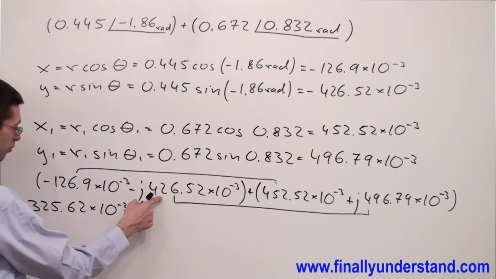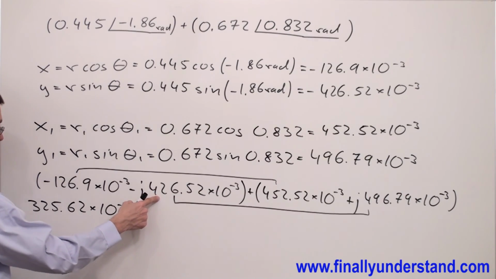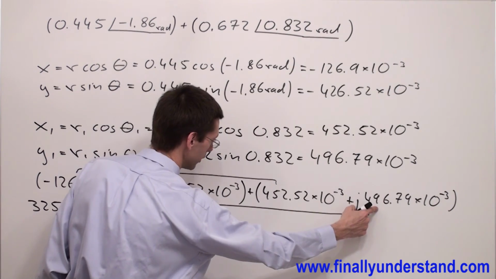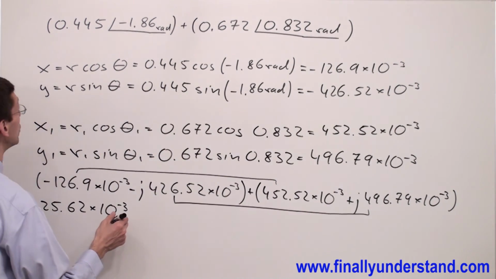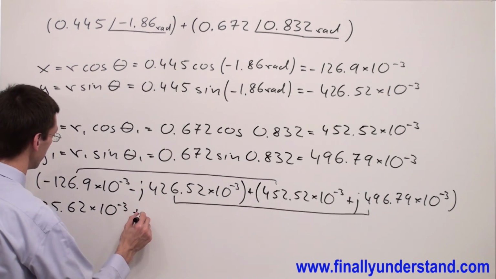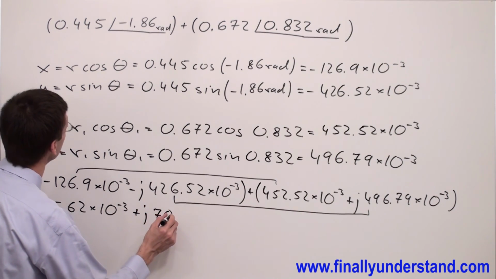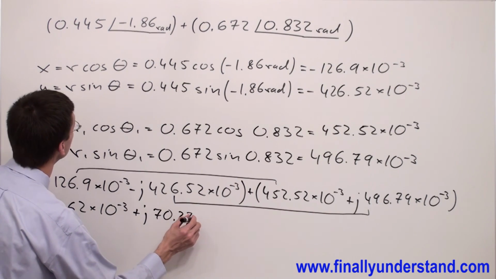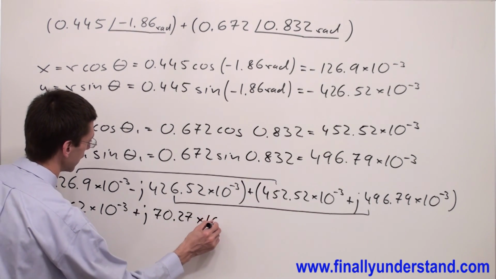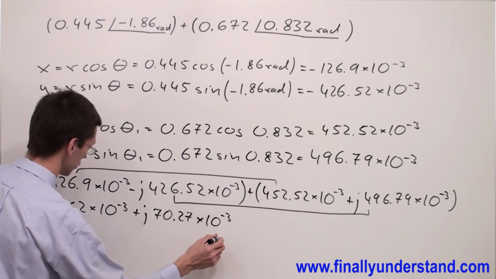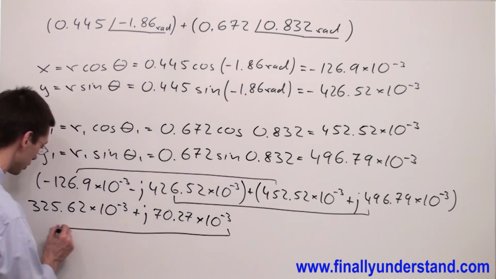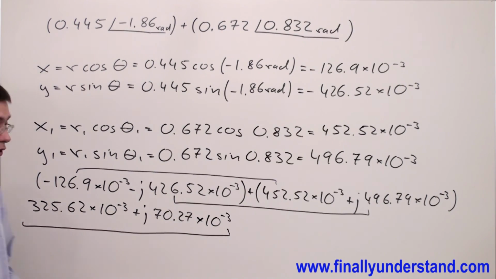Next, if we combine this j number with this one, I'm going to have positive j 70.27 times 10 to negative 3. Okay, and this is the solution to my problem.